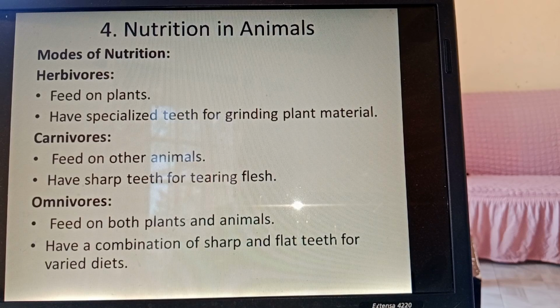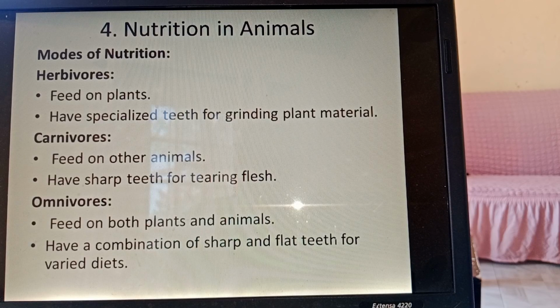Nutrition in animals. We are through with the nutrition in plants. Modes of nutrition. We have the herbivores, which feed on plants and have specialized teeth for grinding plant material.